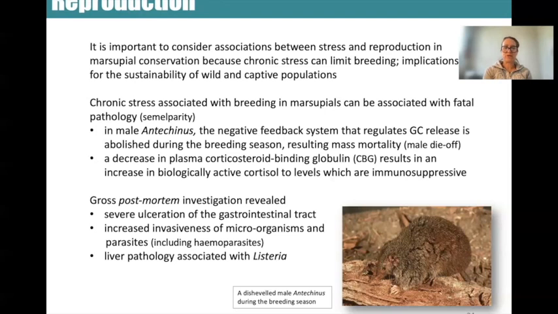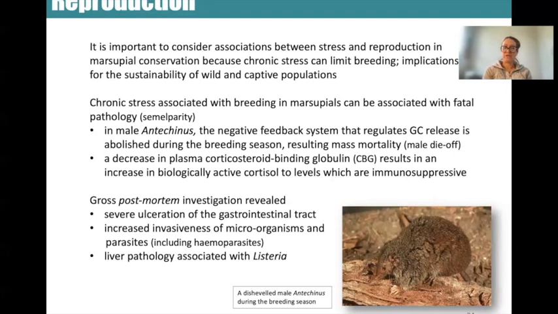And what's going on is that there is a decrease in plasma corticosteroid binding globulin, or CBG, which results in an increase in biologically active cortisol to levels which are immunosuppressive. As determined by post-mortem, males suffer severe ulceration of the gastrointestinal tract.